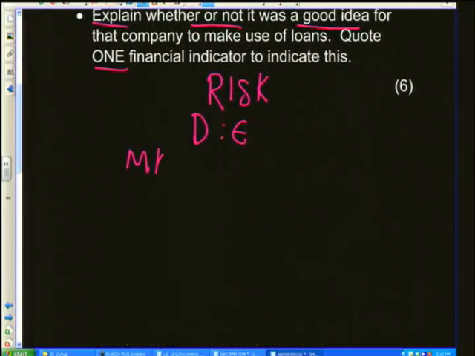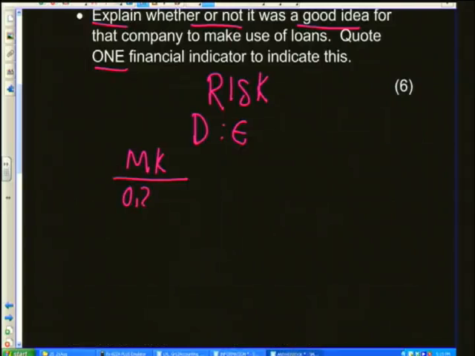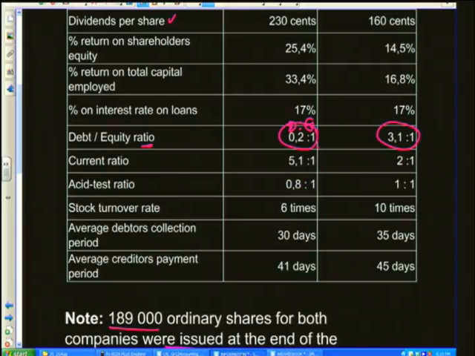Okay, so we've got MK Limited, their debt equity ratio is, let's go back to our information, 0.2:1. Right, and then we've got Nyembe Limited. Their debt equity ratio was much higher. Okay, it was 3.1:1.